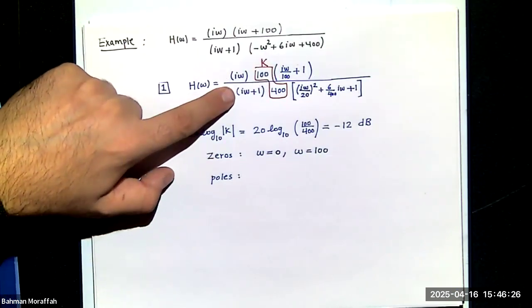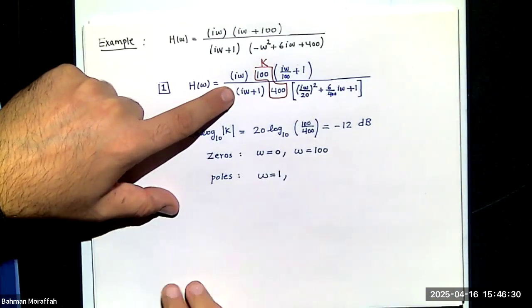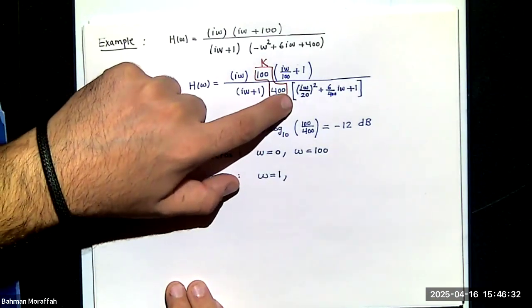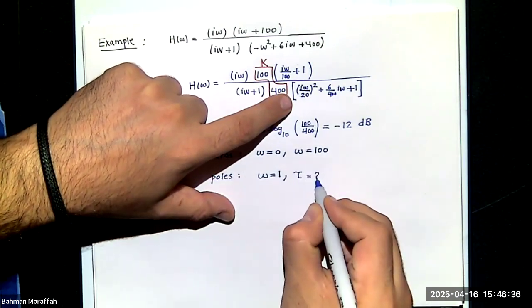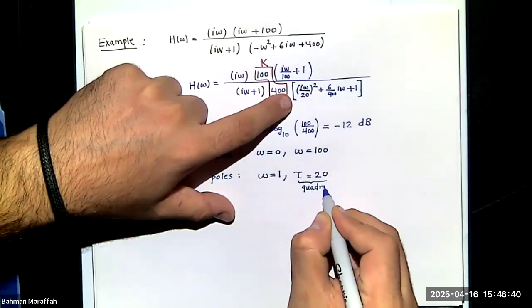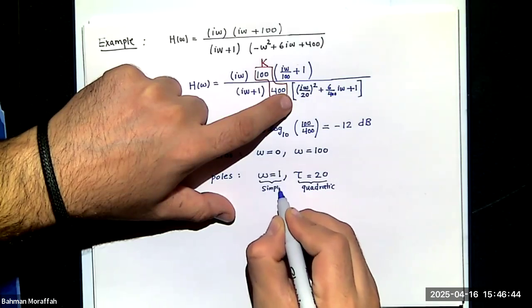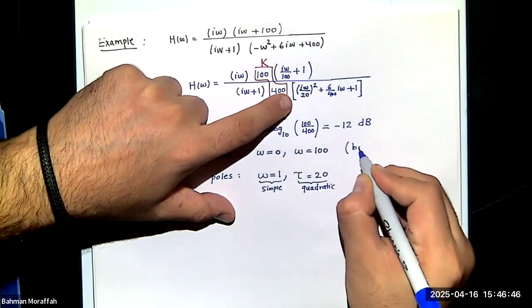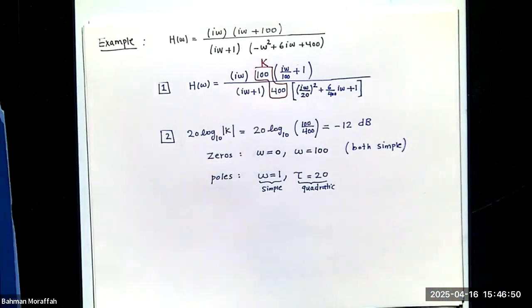I have a pole at 1. And I have a quadratic pole that's happening at tau equals 20. So this is quadratic. This is simple. Both these are simple. You agree with me?